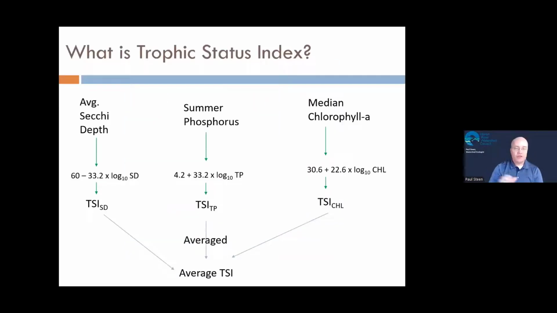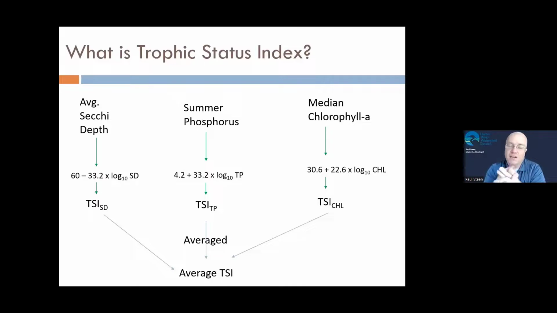So let's talk more about trophic status index and then what that Carlson TSI number means. And this is kind of the easiest way I can think of to explain this graphically. So basically we have three measurements. We have your Secchi depth, which is measured in feet. We have summer phosphorus, which is measured in parts per billion.